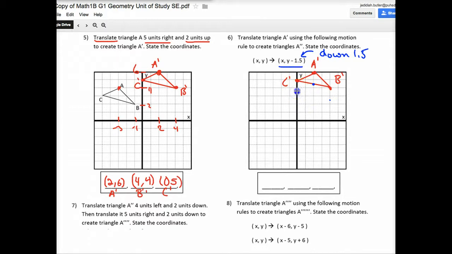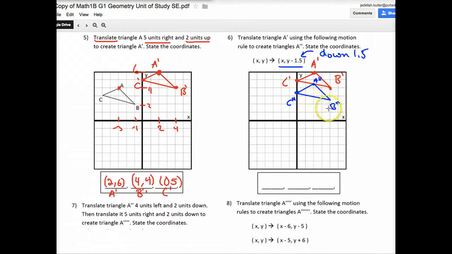And there we are. Those are our new points. There's that one, and that one. And we have our C double prime, our B double prime, and right here is our A double prime.